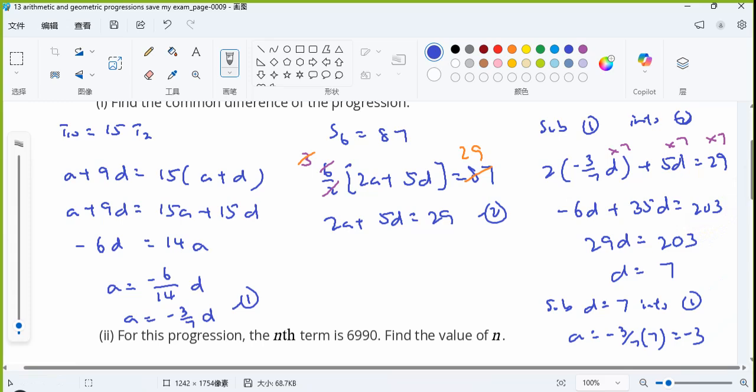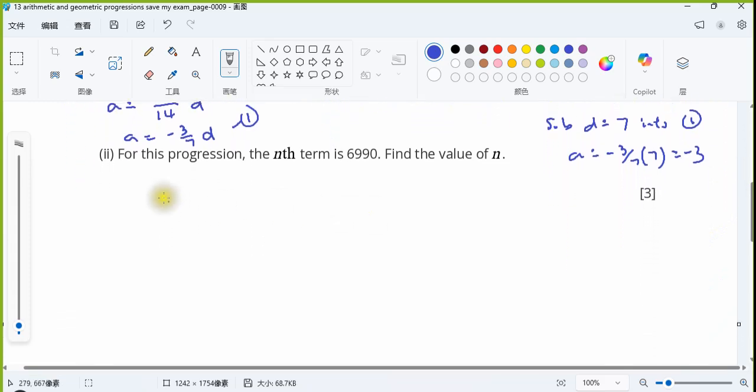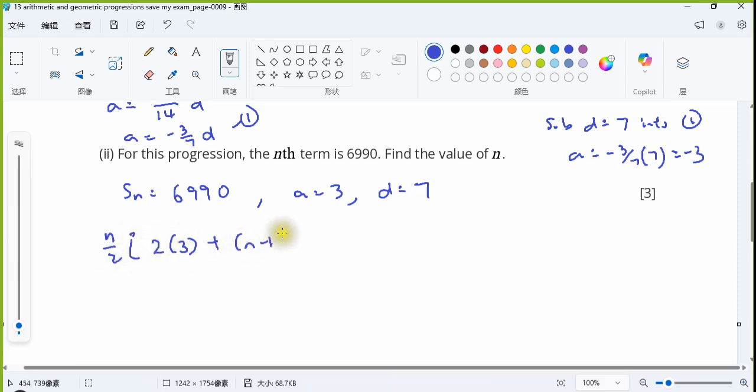The nth term is 6990, then we need to find n. Sn equal to 6990, a is negative 3 and d is 7. So we have n over 2 times 2a plus n minus 1 d is 6990.